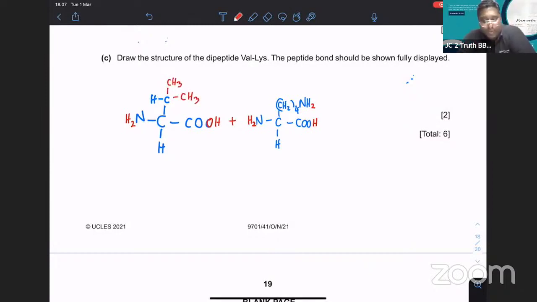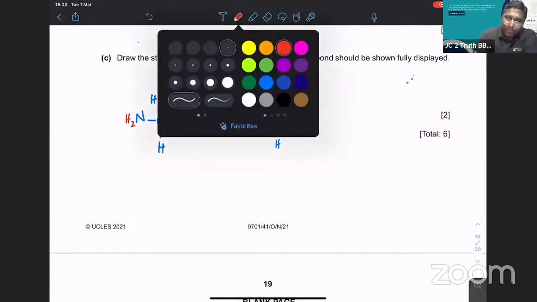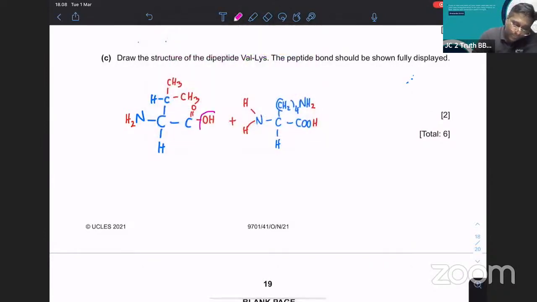Now they want a dipeptide. The peptide bond should be fully shown. It's easier if you do it like this, COOH, and then for this one you put the hydrogen like this. Easier to show. So now the OH from here and the hydrogen over here.